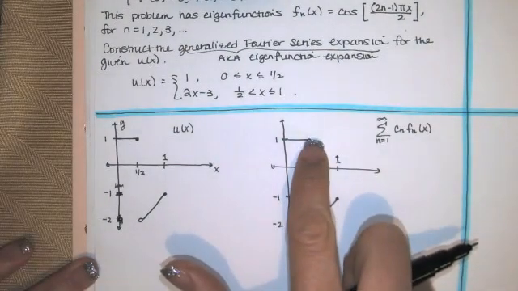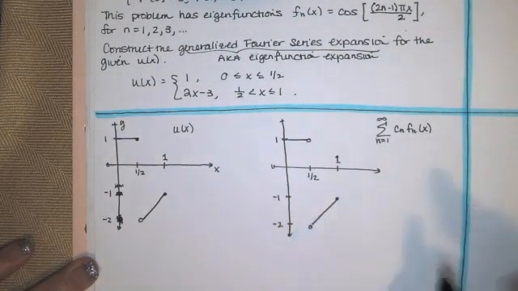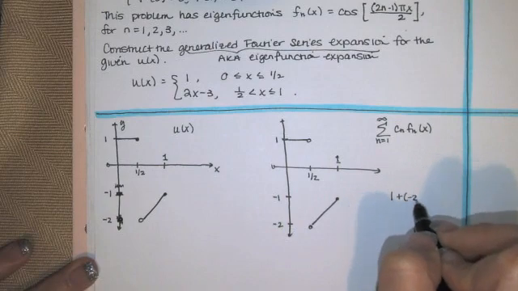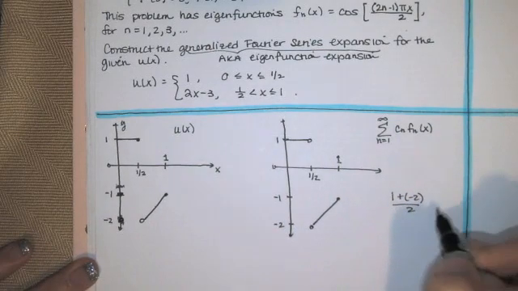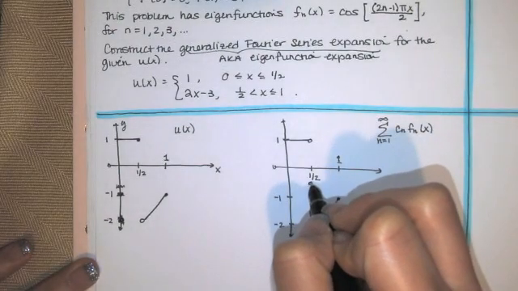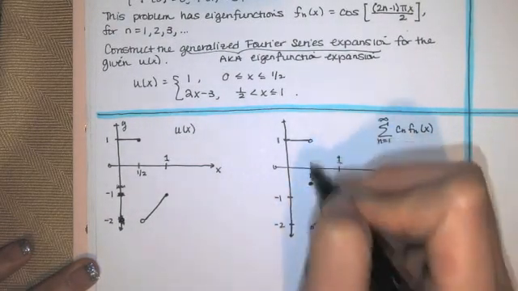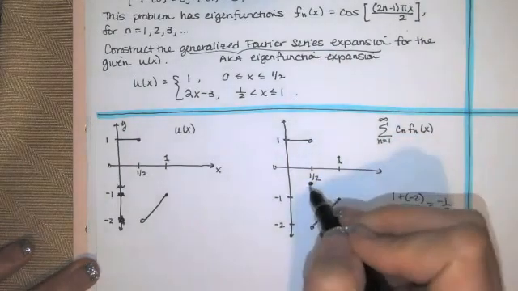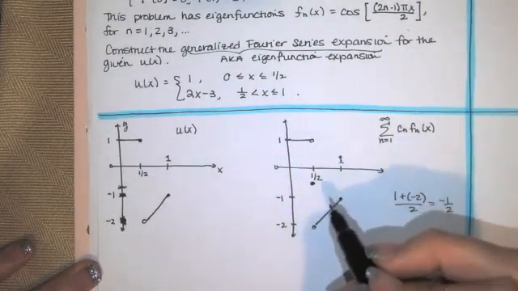The average of 1 and -2 just comes from adding 1 and -2 and then dividing by 2. So we get -1/2. Just halfway in between, which makes sense. This is what our series will converge to.